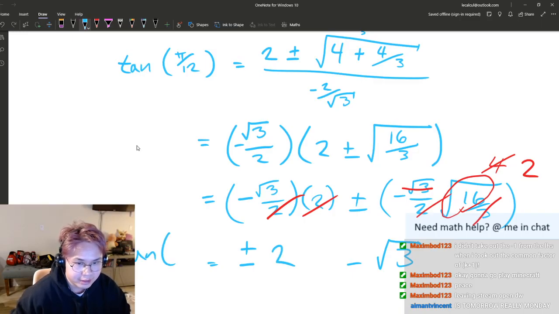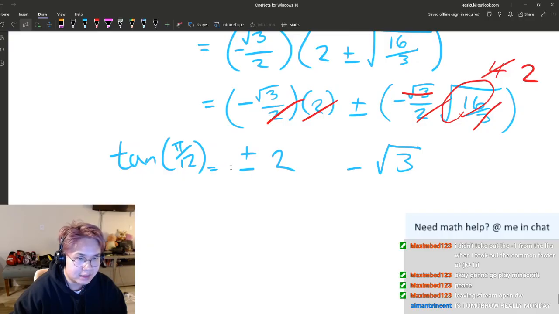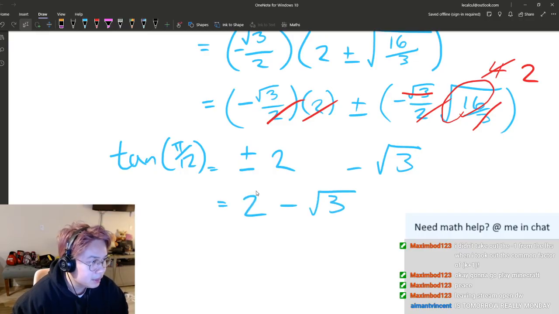Alright, so we need to make a choice, and then the choice is already made for us. It needs to be the plus 2. The reason being is that if you had a minus, then your value would be negative, which doesn't make sense because we have an acute angle, so all 3 ratios should be positive. Of course, this is equal to 2 minus root 3, and you will probably need to justify this.